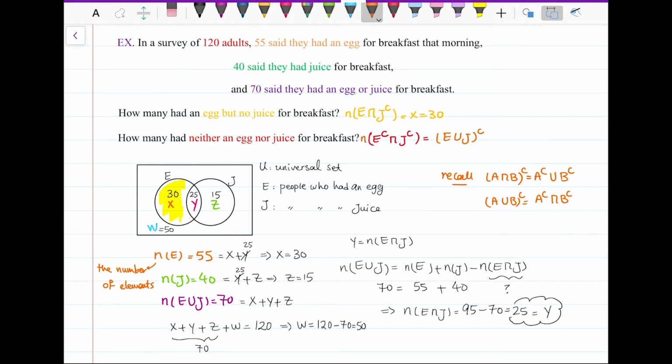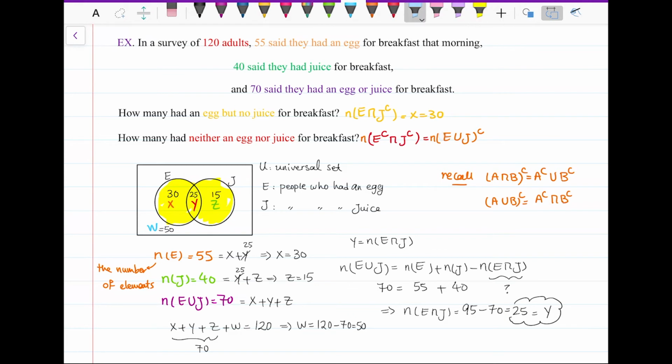Now I want to find the number of elements in both. Let's see where E union J complement is. E union J is this set, the whole setting here. This is E union J, right?